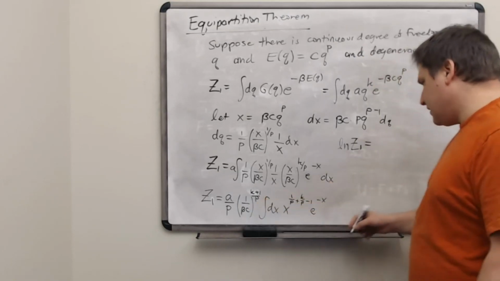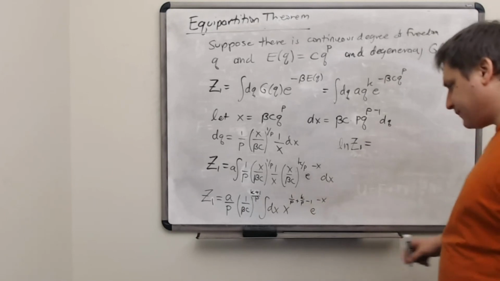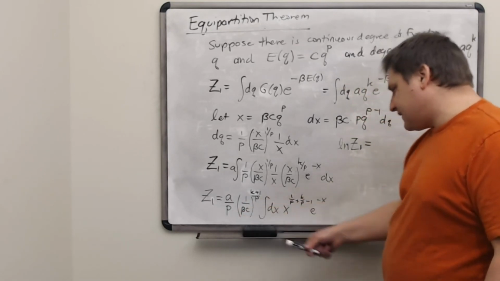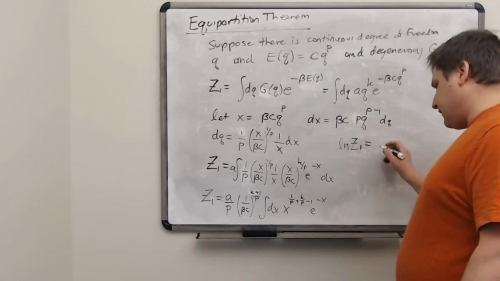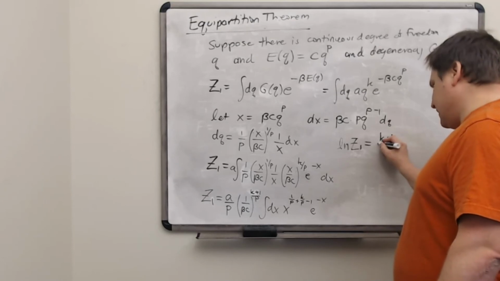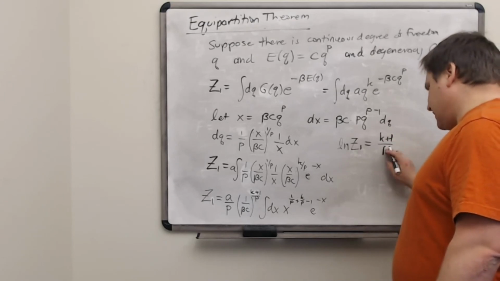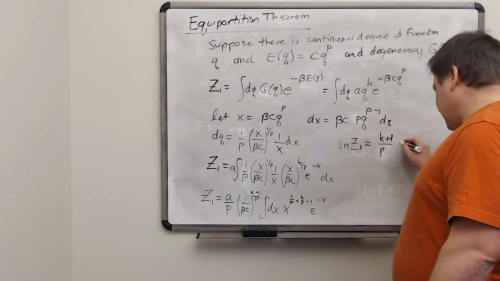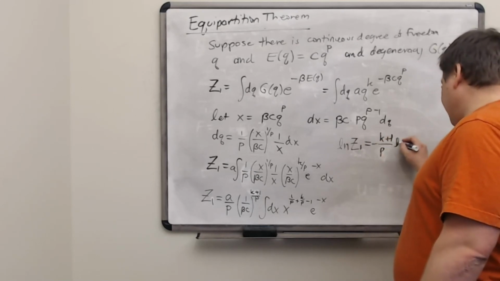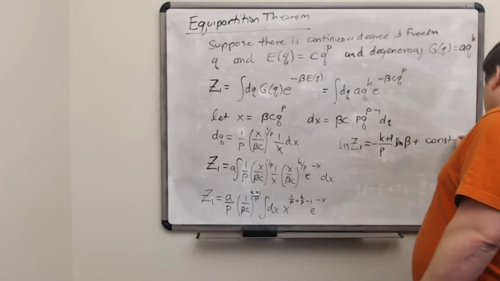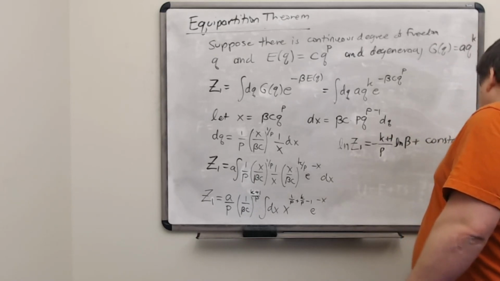So we'll take the log of this partition function. And a and p are constants. The c is a constant. So the only term here that really is going to make a difference is this k plus 1 over p, and then we'll have a minus log of beta, and then other constants that don't depend on beta.